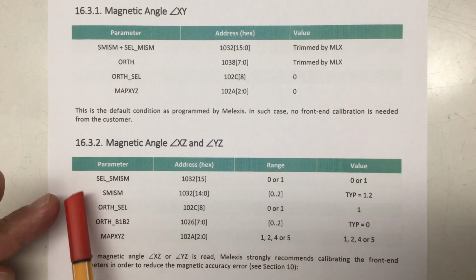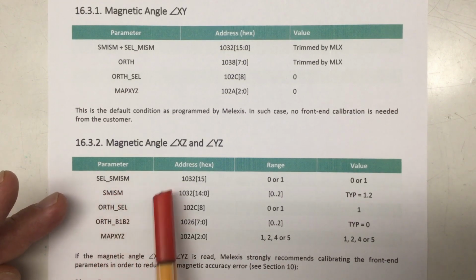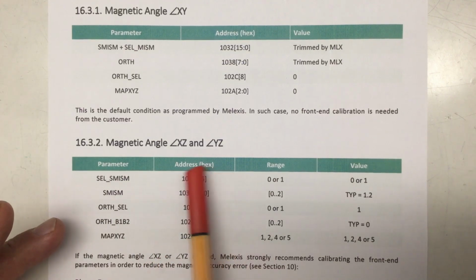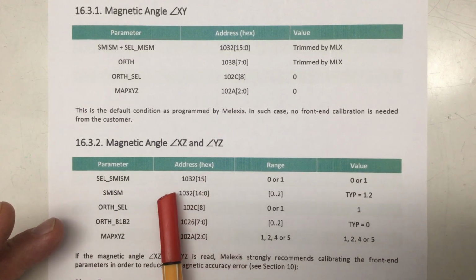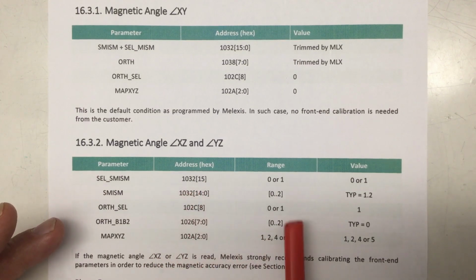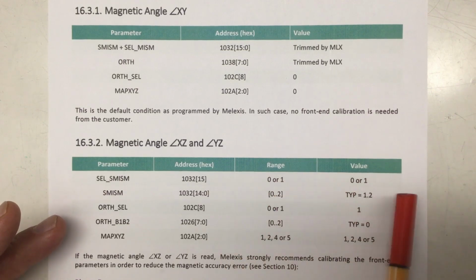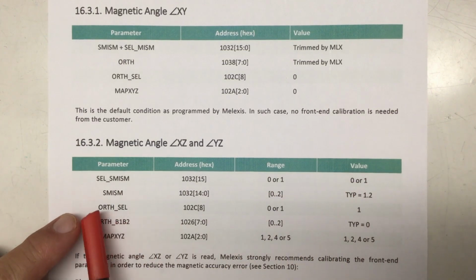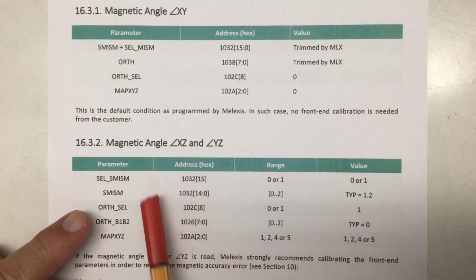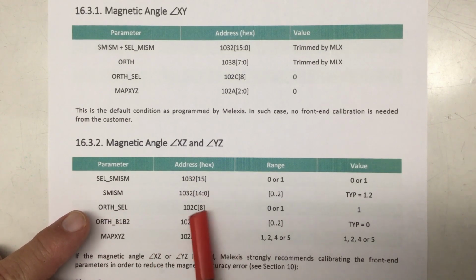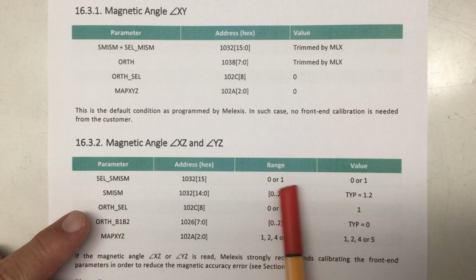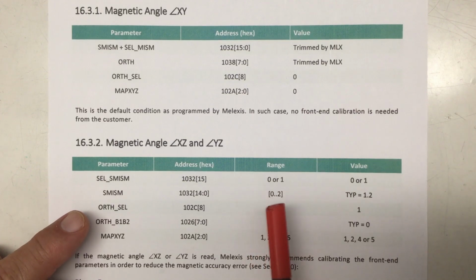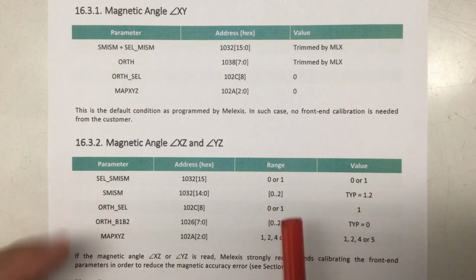Anyway, as I mentioned, ZEL, SM, ISM, so select is a single bit, bit 15 in the word 1032, and it switches something on and off or back and forth, whatever. And SM, ISM occupies the other 15 bits, 14 to 0, and represents a float value between 0 and 2.